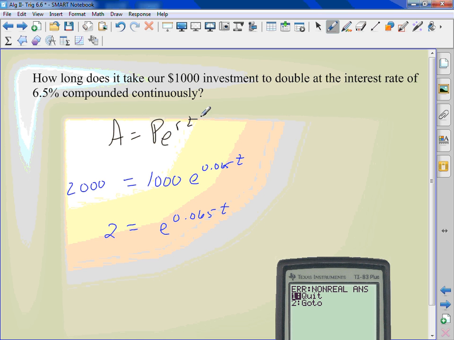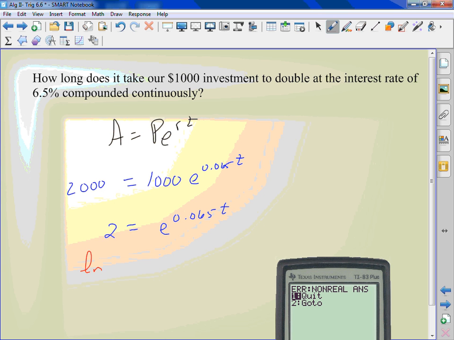Are we okay up to now? What did we do in the past if we had exponentials? We took logarithms because they're opposites, right? What's the opposite of an e? ln.